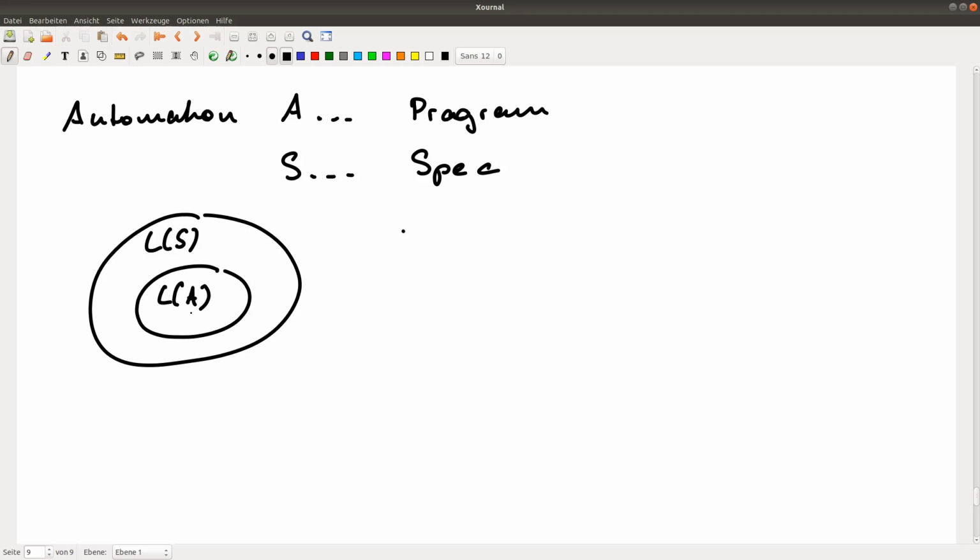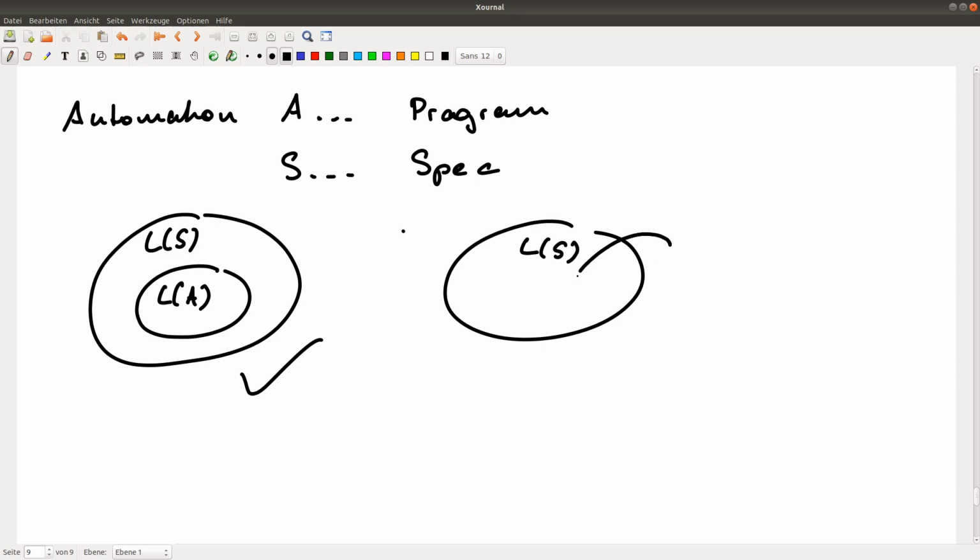And the problematic scenario is if we have the language of S and the language of A contains words which are outside. Yeah, then this means we have some kind of problematic behavior here.